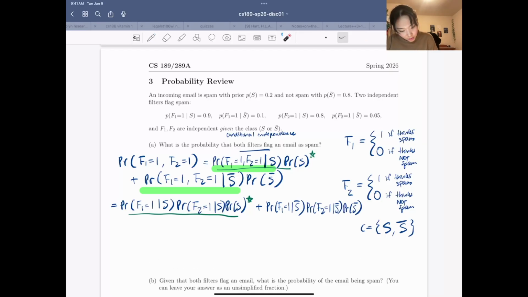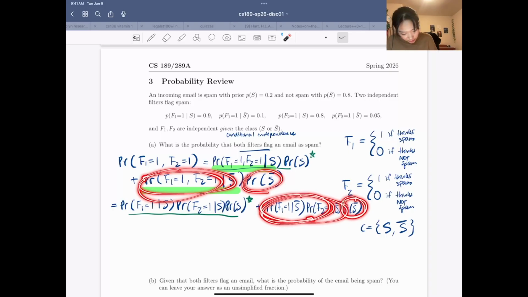For some clarification, this highlighted green part corresponds to right over here, the probability of S corresponds to that probability of S, and this corresponds to that.